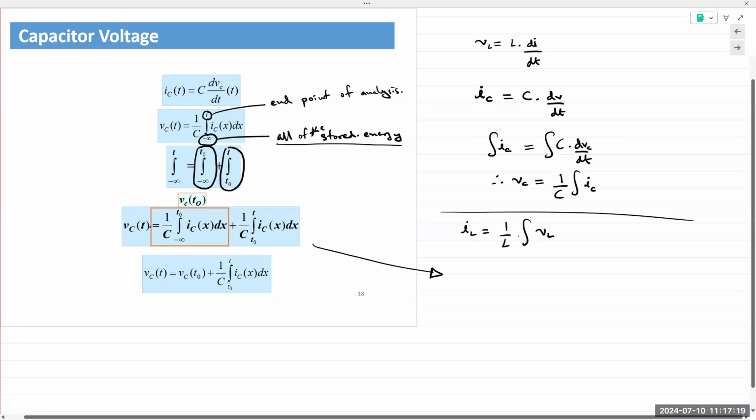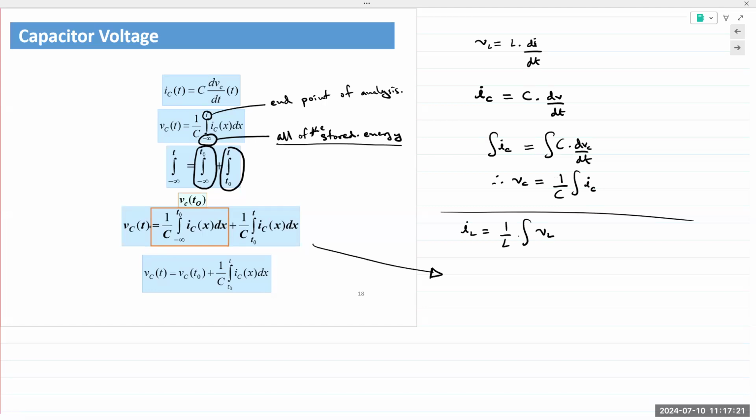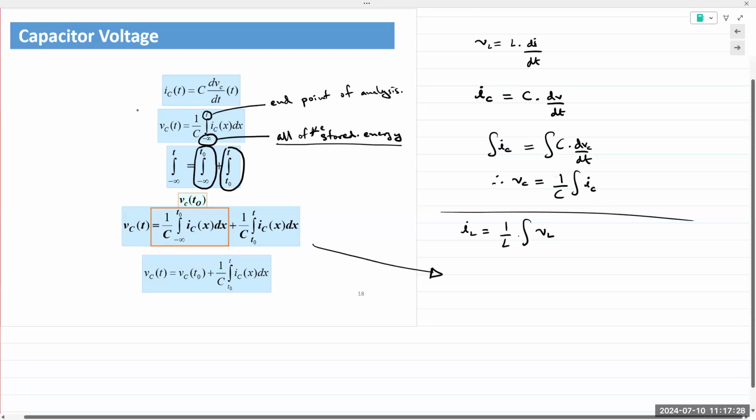And t0, you will see this t0 again and again and again throughout the rest of the course. t0 simply signifies, you know what, let me write it. t0 is time with a value of 0. Simply notes the beginning point of your analysis.